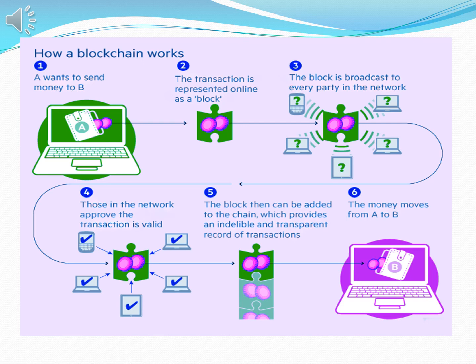Those in the network approve the transaction is valid. So for example, if A wants to give money to B through a bank, the bank will verify that this person has the money in the bank or somewhere. So those in the network approve the transaction is valid.